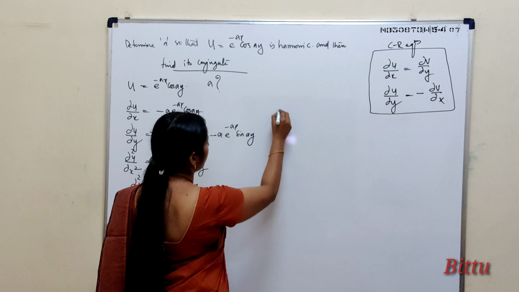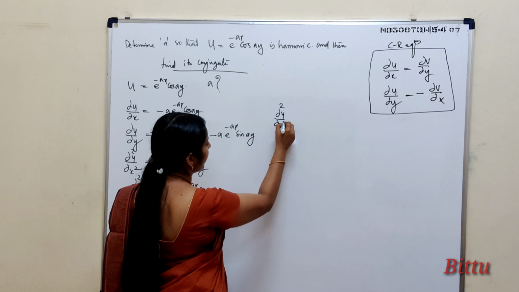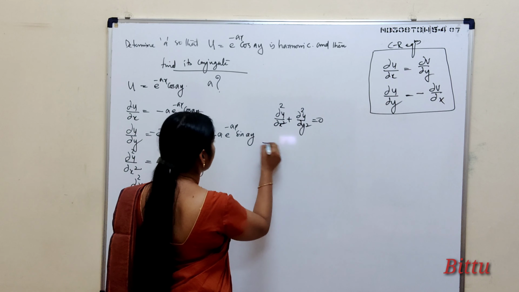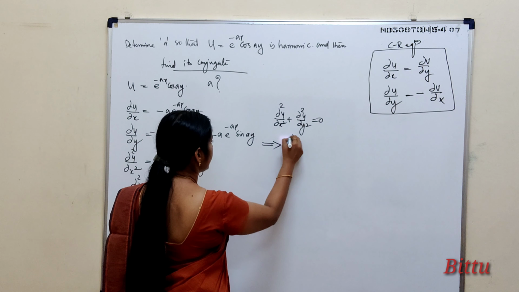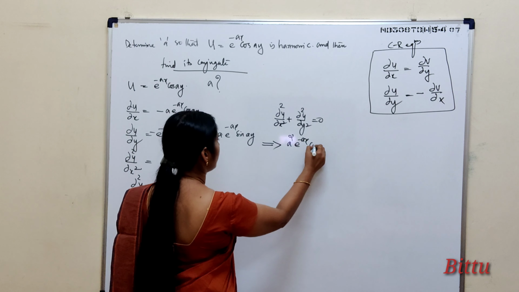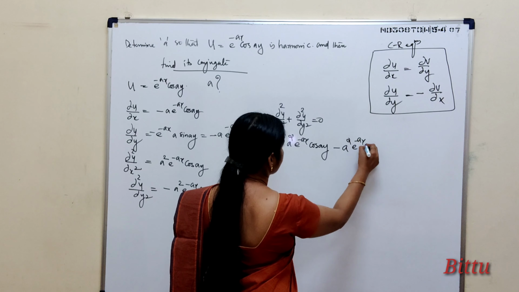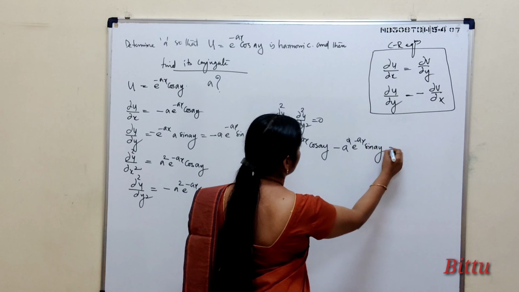Since u is harmonic, we have dou square u by dou x square plus dou square u by dou y square equal to 0. This implies a square e raised to minus ax cos ay minus a square e raised to minus ax cos ay equal to 0.